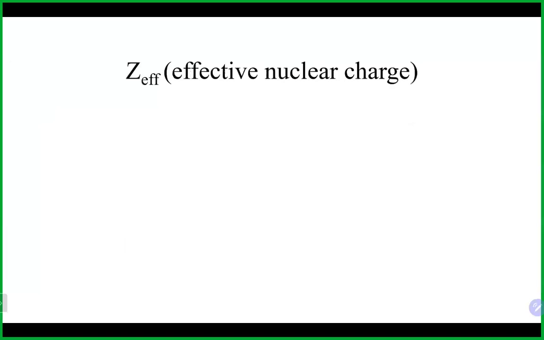So one of the important trends is effective nuclear charge. Effective nuclear charge is the charge that the electrons actually feel from the positively charged nucleus. For example, if we look at something like lithium, 1s2 2s1, it has 1 valence electron and some core electrons.